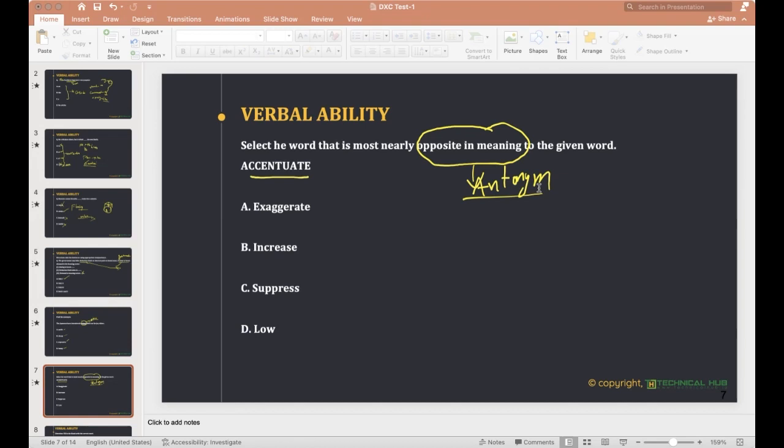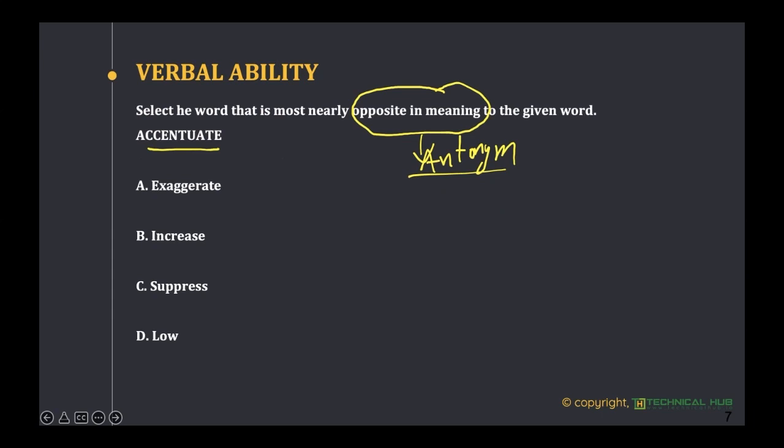Now, accentuate means, for example, when you're riding a bike, what do we say? Accelerate it, we say. What do you mean by accelerate there? Increase the speed, isn't it? The same even here.